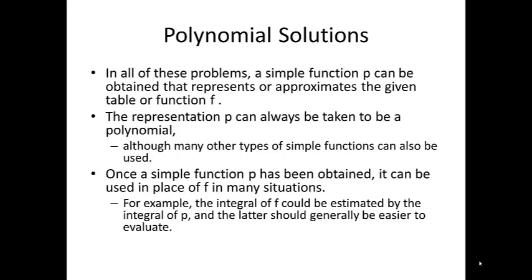The representation p can always be taken to be a polynomial, although many other types of simple functions can be used. Once a simple function p has been obtained, it can be used in place of f in many situations. For example, the integral of f could be estimated by the integral of p, and the latter would be generally easier to evaluate.